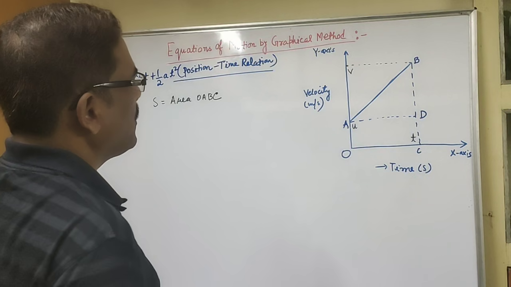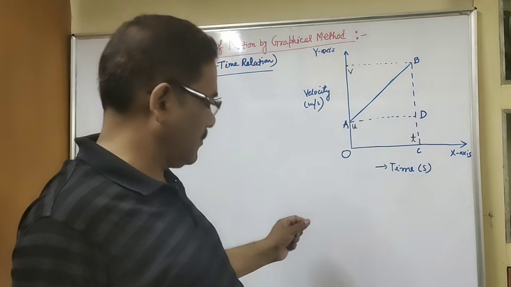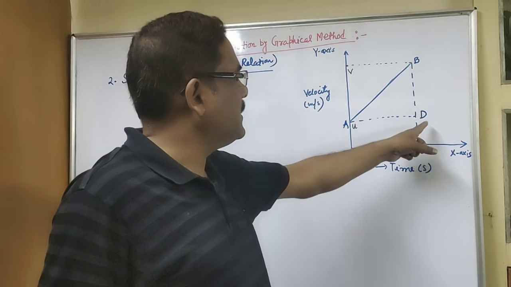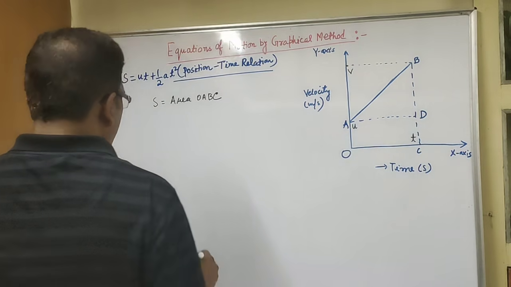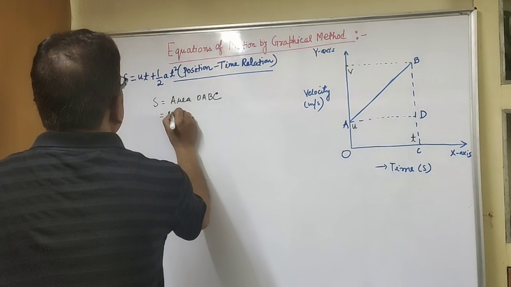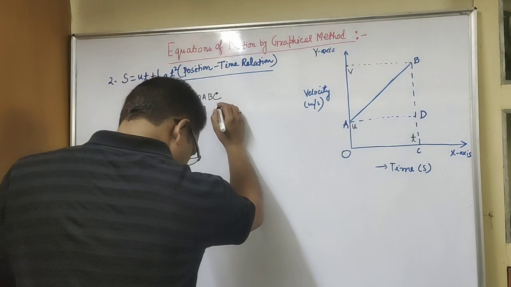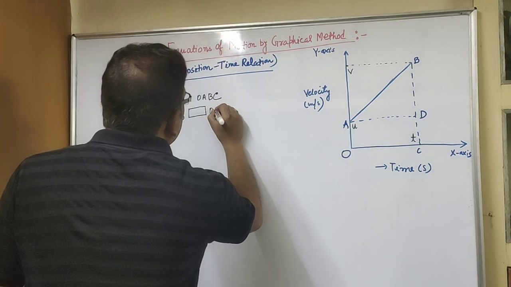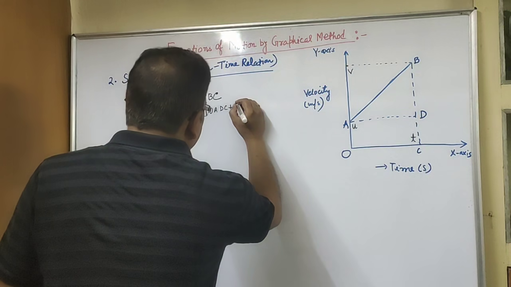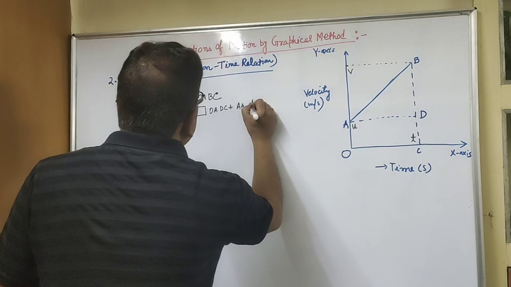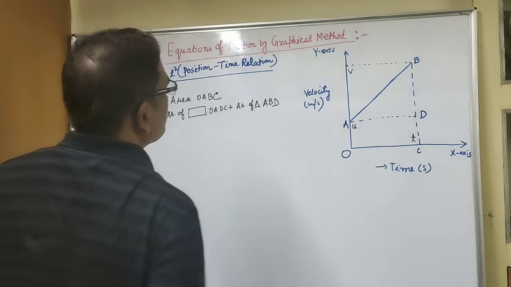Isn't it? Now this figure OABC can be divided into two parts, where OADC is a rectangle and ABD is a triangle. So we can write it is equal to area of rectangle OADC plus area of triangle ABD.